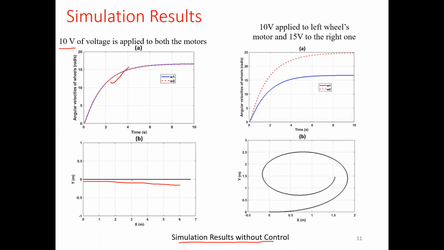In another case, we give 10 volts to the left motor and 15 volts to the right motor, so there is a difference in angular velocity. We can see omega 1 is less because less voltage is applied, and omega 2 on the right is more because we apply more voltage. In this case, the trajectory is curved because of the difference in angular velocity of the two wheels, which is an expected result.